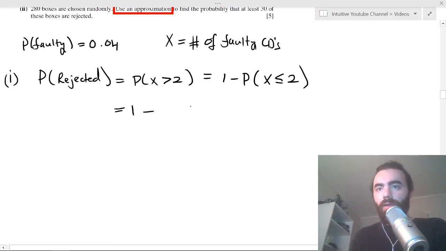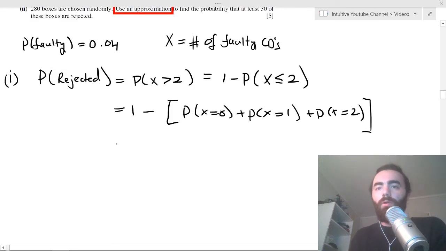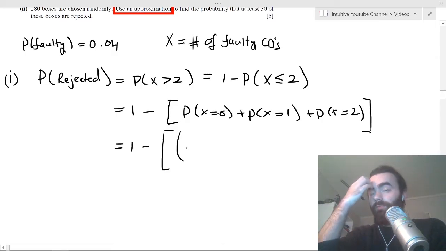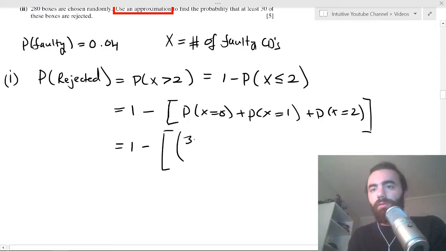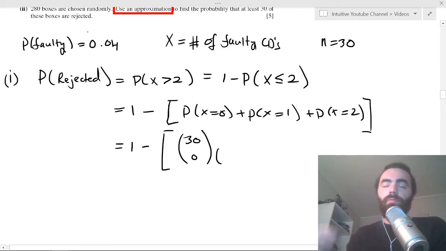So this equals 1 minus the probability that x equals 0 plus the probability that x equals 1 plus the probability that x equals 2. And what does that equal? We put this into our binomial formula. This is 30 choose 0, because our n is 30, times the probability of success, which is the probability that it's faulty, and the probability of failure here is 0.96, 1 minus this.